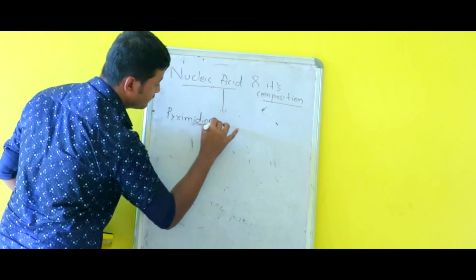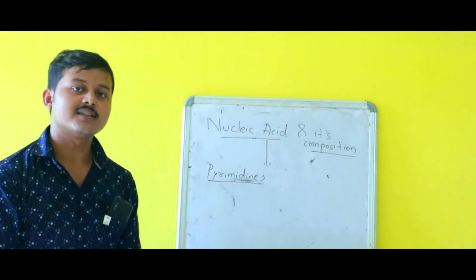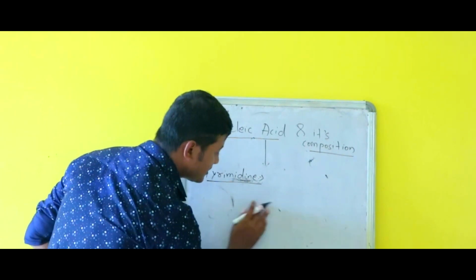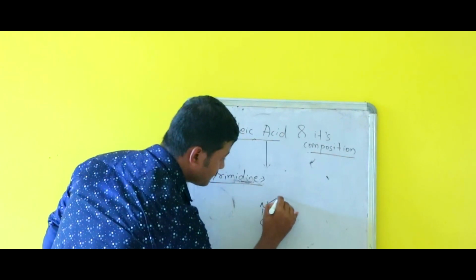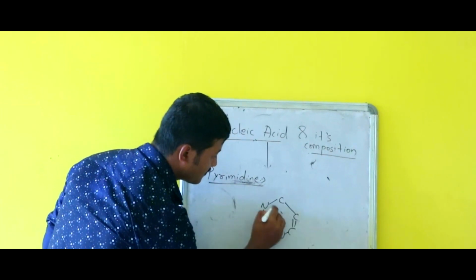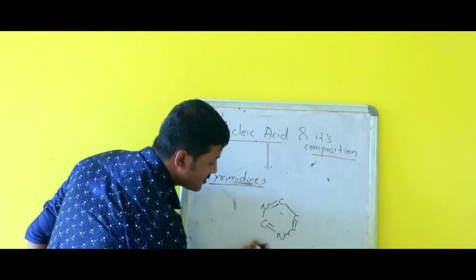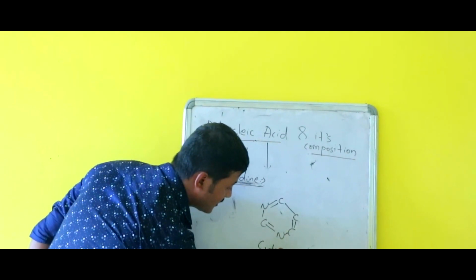Then comes pyrimidine. In pyrimidine there are three compounds. First one is cytosine, then uracil, then thymine. What is the basic structure of pyrimidine? This is the basic structure of pyrimidine. Then the first compound is cytosine.